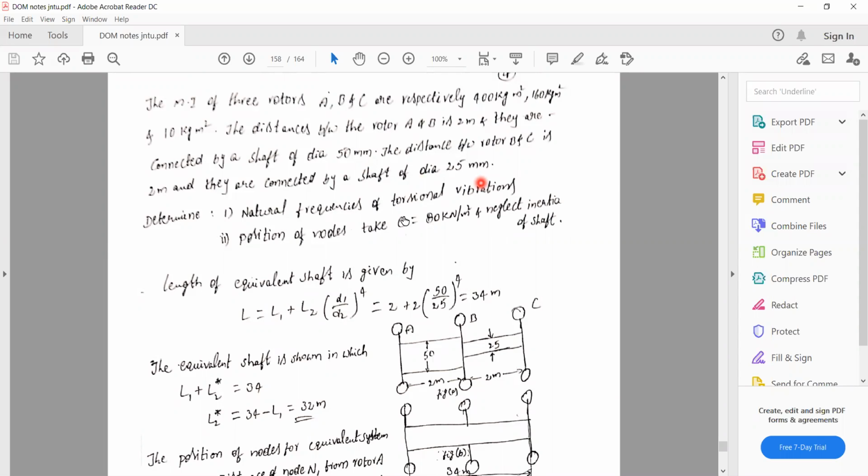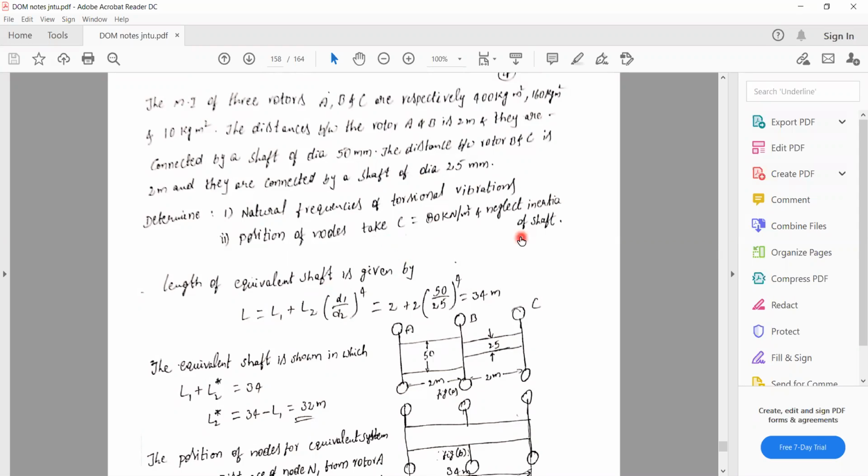Determine the natural frequency of torsional vibrations, and second, the position of nodes. Neglect the inertia of the shaft.